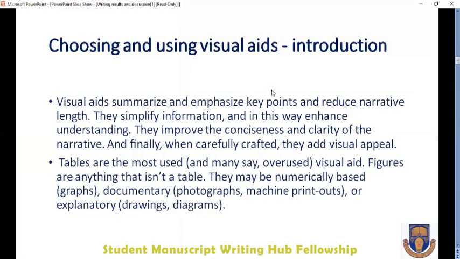When you are reporting your results, you usually report in prose and in figures and tables. And when we say figures, we mean every other non-prose aspect of your results.